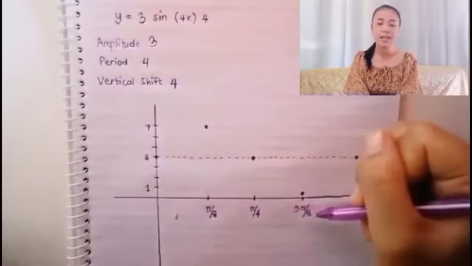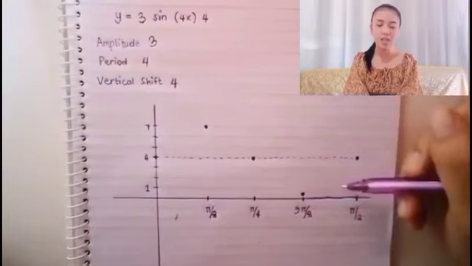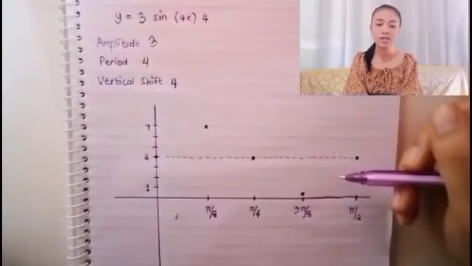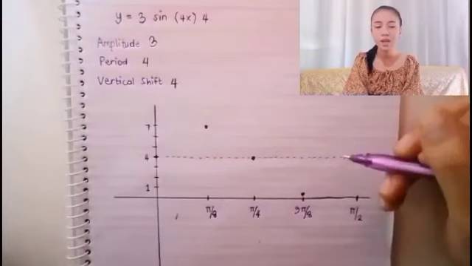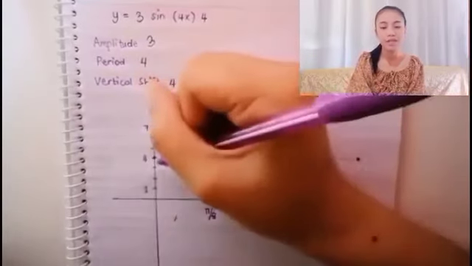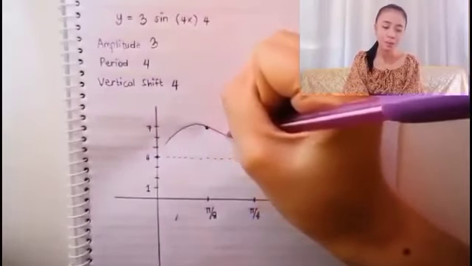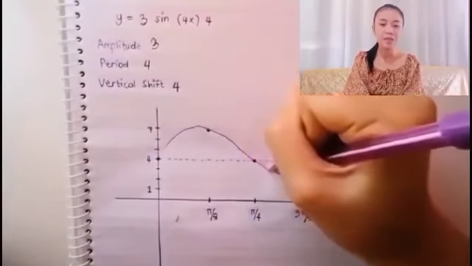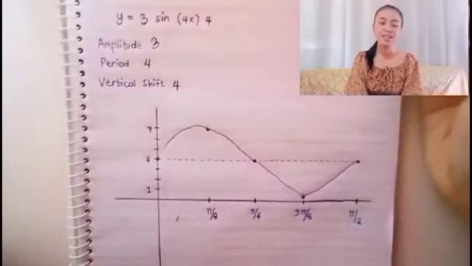And 3 times pi over 8 is 3 pi over 8. So they are the 4 important points that we need. So the first one is going to go up, back to the middle, then down, back to the center. So that's it. That's our graph.